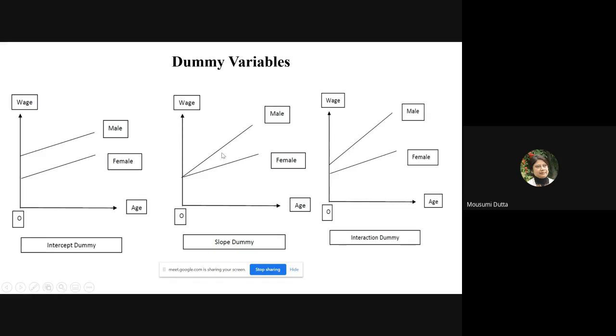In case of multiplicative dummy, the starting point may be the same. However, slopes should be different because our main focus in case of multiplicative dummy is the difference in slope. So in case of multiplicative dummy, the starting point may be the same or the starting point may differ as well.